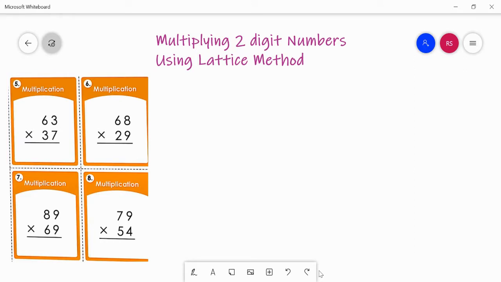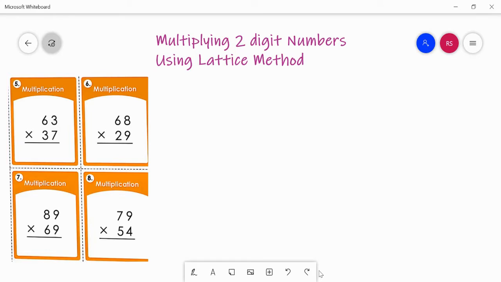Some of you really love the standard algorithm. If you're watching this video and you do the standard algorithm, I would encourage you to stick with it. But if you don't really like the standard algorithm and you really like lattice, or you would like to learn how to do lattice, this is the video for you. So today we're going to be talking about multiplying two-digit numbers using lattice.